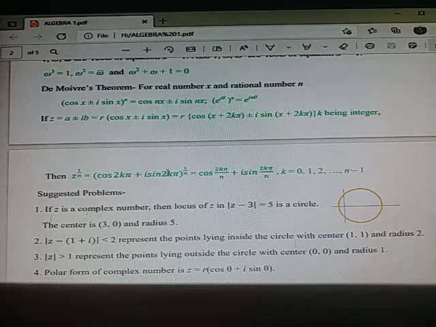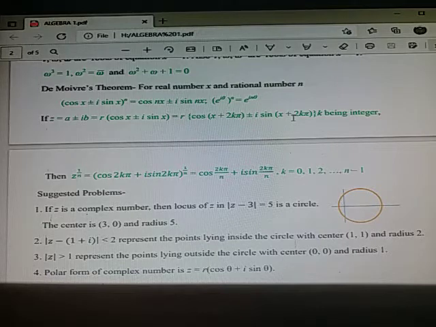To find roots, we don't write this simply as cos x plus i sin x. We write it as x plus 2k pi, because cos of 30 degree equals cos of 30 degree plus 2 pi, or 360 degree, etc. You go on multiplying by k, an integer.